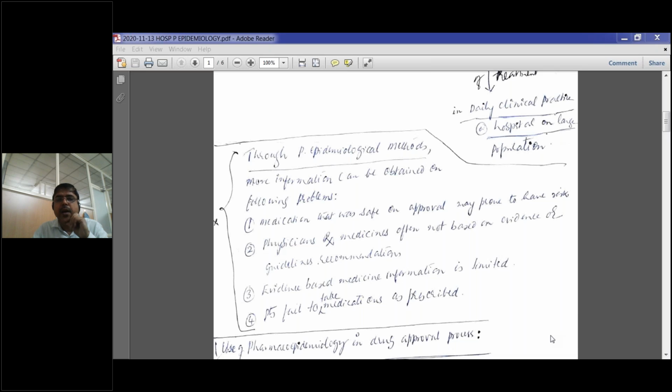Correct. Whenever physicians are prescribing medicine, they are supposed to follow the guidelines of their own country, or the guidelines that are universally available.